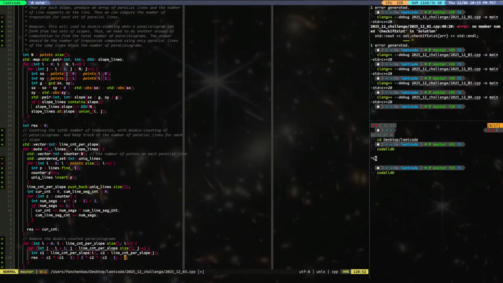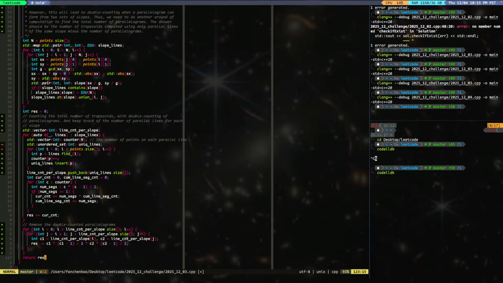So this is the number of different combinations of parallel lines for the first slope multiplied by a different combination of parallel lines of the second slope, and each of the two pairs can form a parallelogram, and then these are double counted. So we remove those and then we do the return.